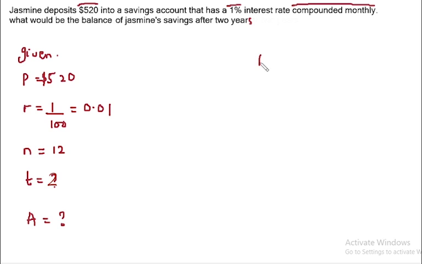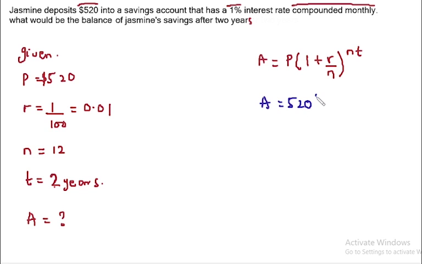So the amount is given by P open brackets 1 plus R over N close brackets to the power of NT. Put all these values into this equation. We have amount is equal to 520 open brackets 1 plus 0.01 divided by N, which is 12. So this is 12 times 2.